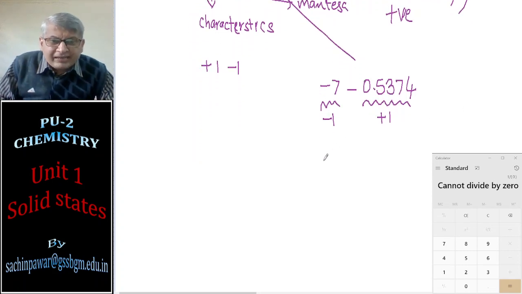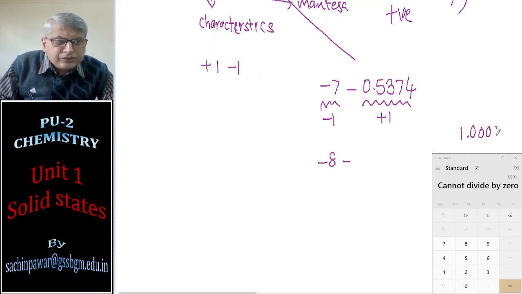So here minus 7 minus 1 becomes minus 8, and then 1.0000 minus 0.5374, subtraction. So 10 minus 4 is 6, 10 minus 8 is 2, 10 minus 4 is 6, 10 minus 6 is 4, 1 minus 1 is 0.